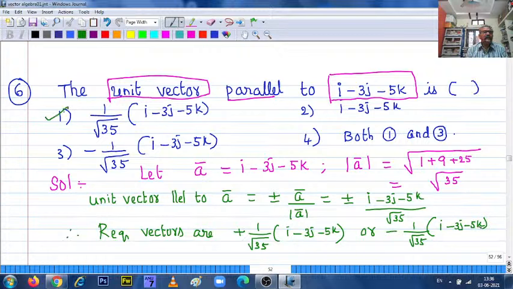That means first option correct, third option correct. That's why both 1 and 3 are correct. Fourth option will be the right option. So this type of problems already explained. Okay, it might be explained, but it's a new class. Already fresh, I have started vector algebra.